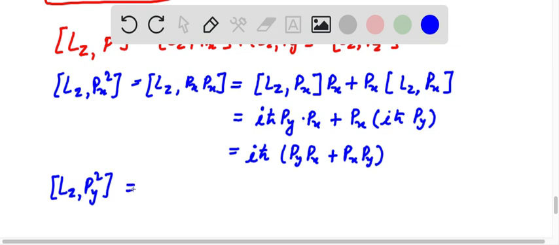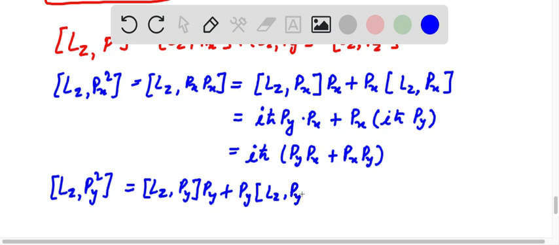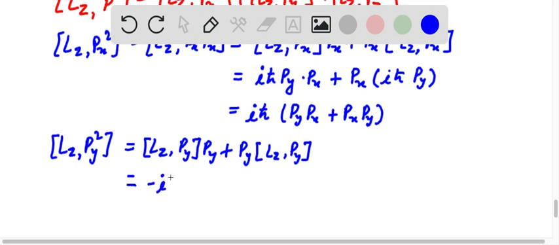Similarly, we can calculate Lz with py square. It is Lz py py plus py Lz py. Now use the result from part A. Lz with py is minus iħ px, minus iħ px py plus py minus iħ px.